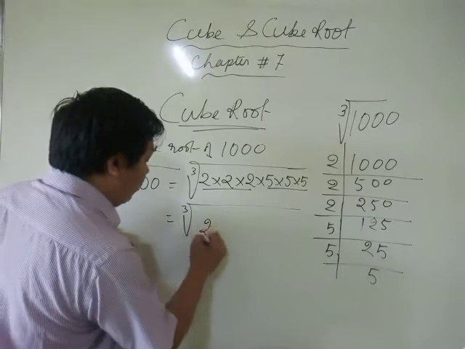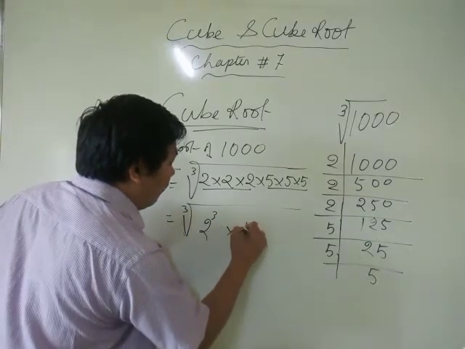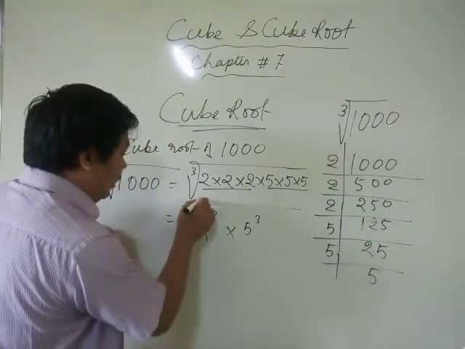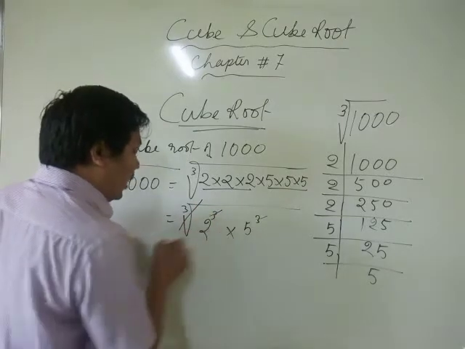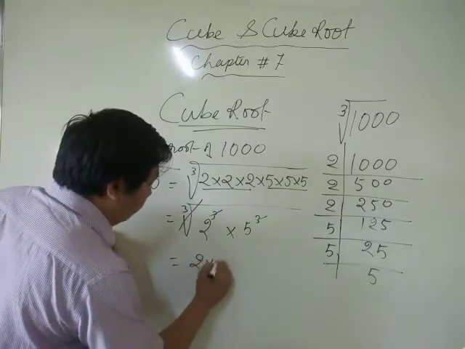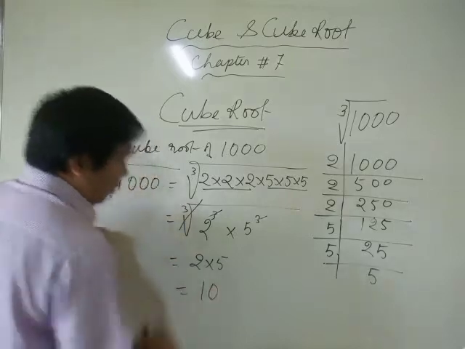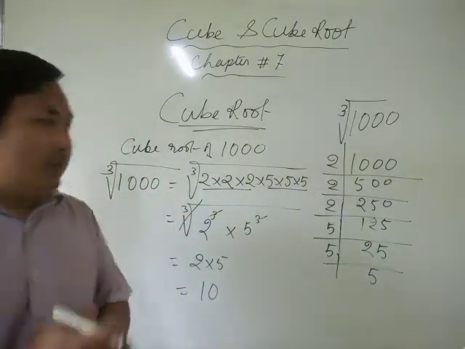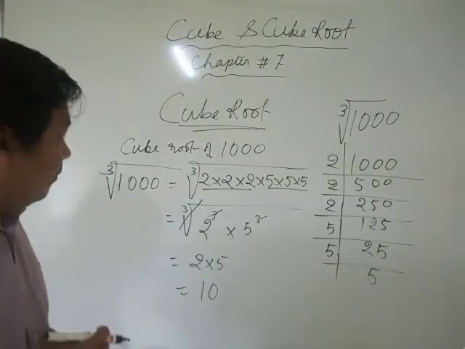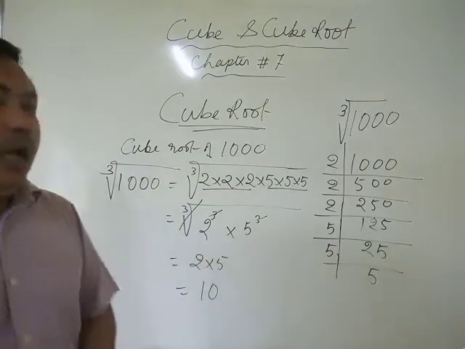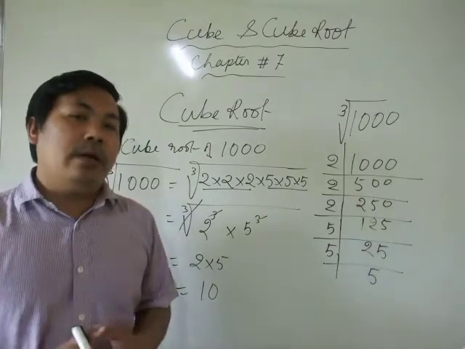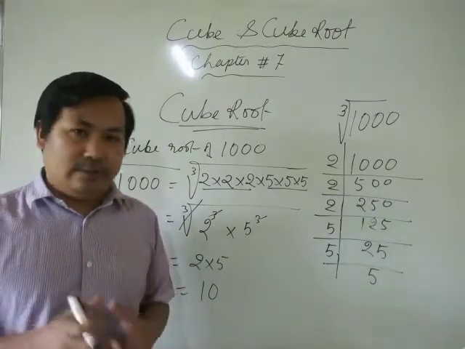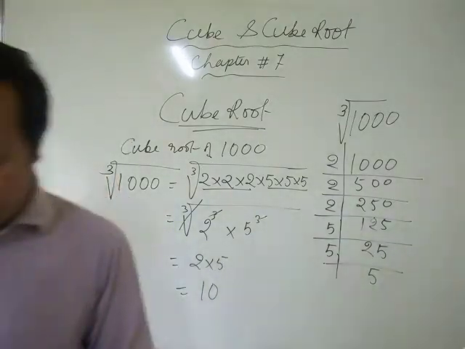So it is 2 to the power 3 into 5 to the power 3. Then this cube root and this cube can be cancelled. Then we are getting here 2 into 5, it is 10 now. So the cube root of 1000 is 10. We got it. Okay. So this is how we can find out the cube root of a cube number by prime factorization. Now let us go to the next topic.